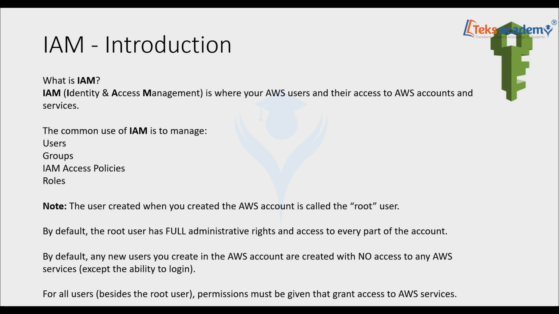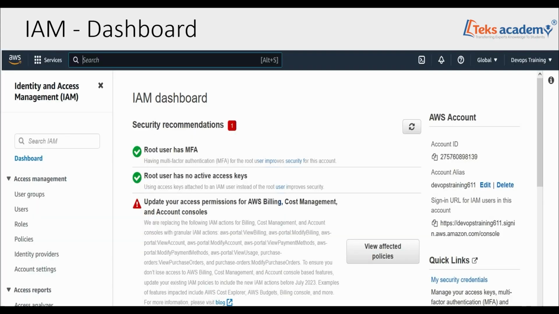So the root user will be assigning the permissions to these IAM users. All the users, by default, do not have any access. We need to explicitly grant access to the users so that they can use the services.